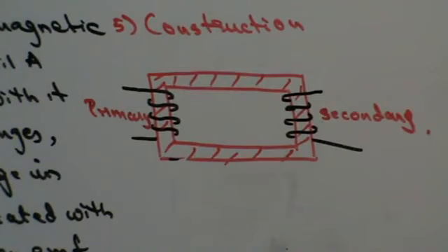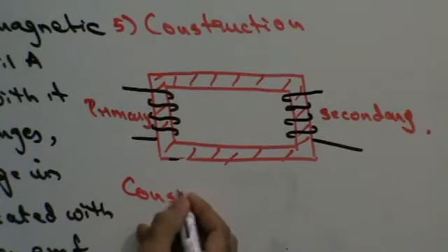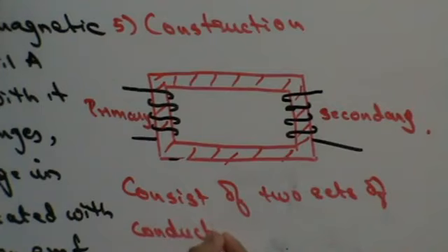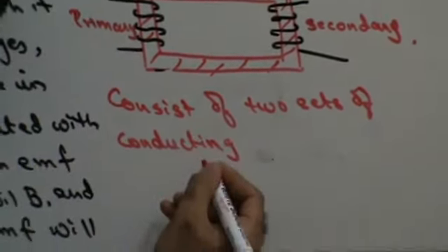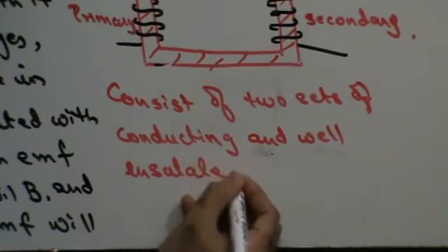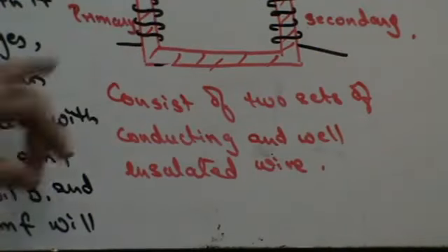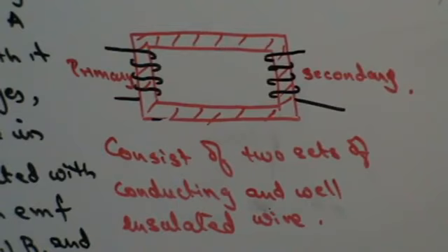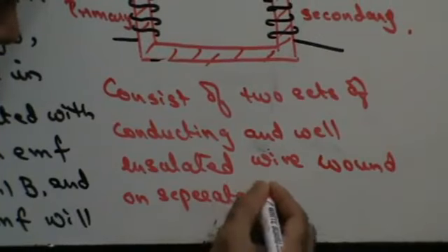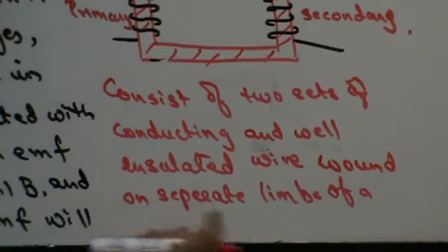So a transformer consists of two sets of conducting as well as well insulated wires, wound upon separate limbs of a soft iron core.